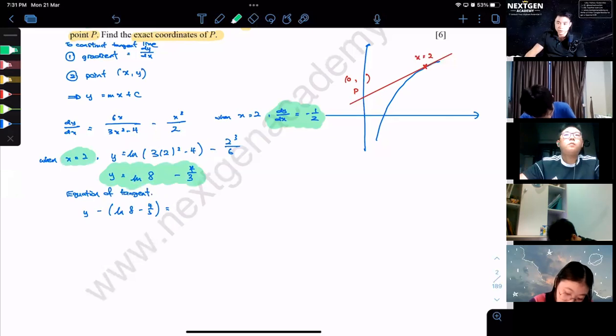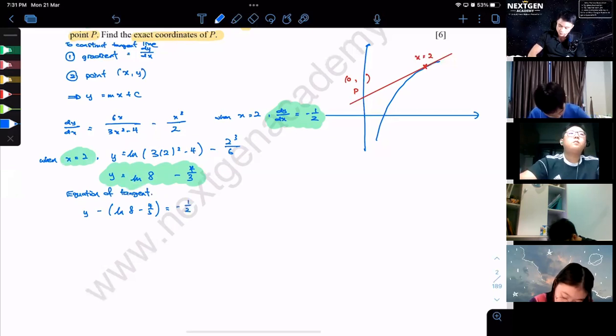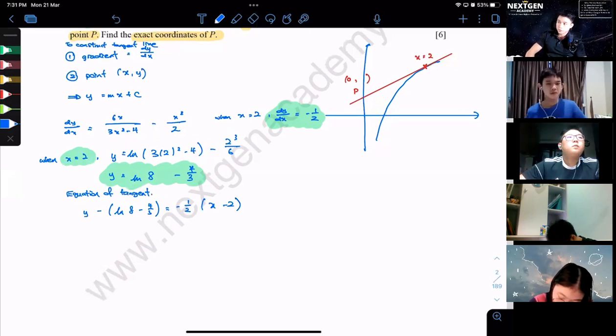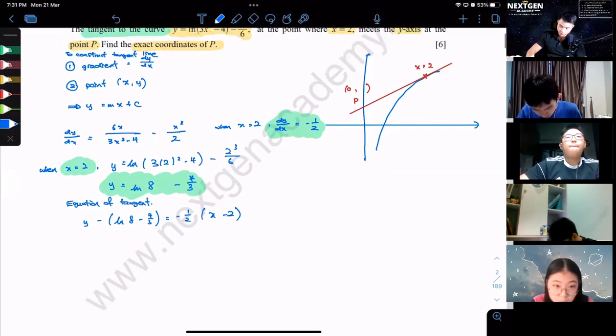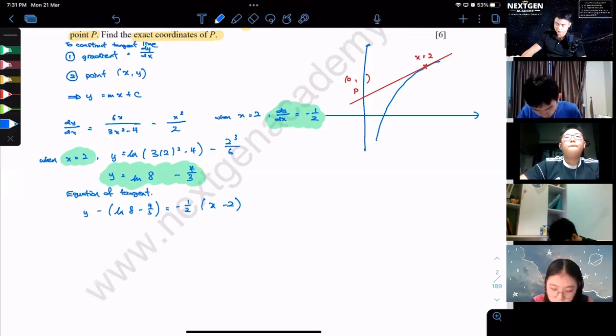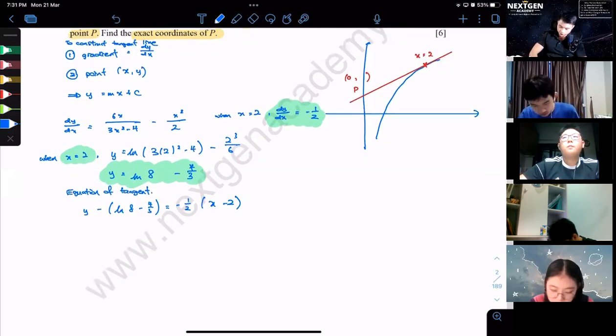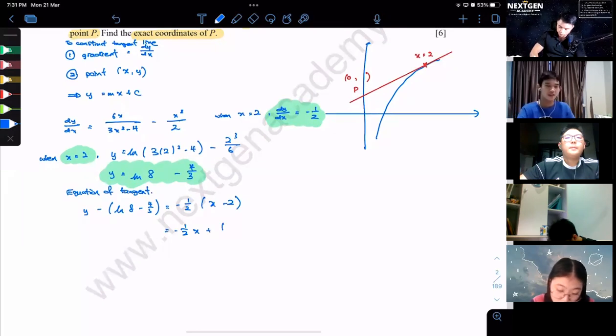You see all these green ones, these are the main points that I need to use. So negative 1 over 2, x minus x1. Sub it inside here. Actually, over here you can go and solve already, but if you want to simplify it, this one will be plus 1. This will be y minus ln 8 plus 4 over 3.